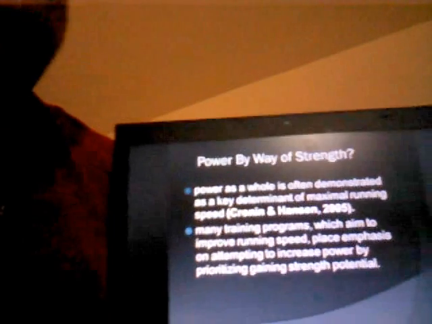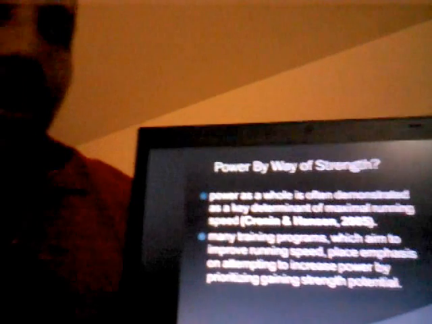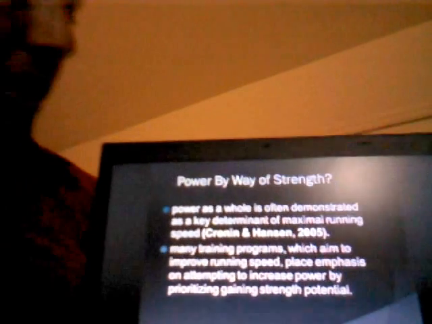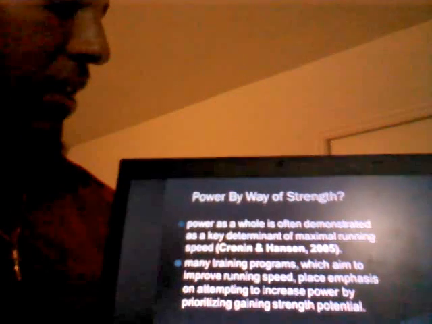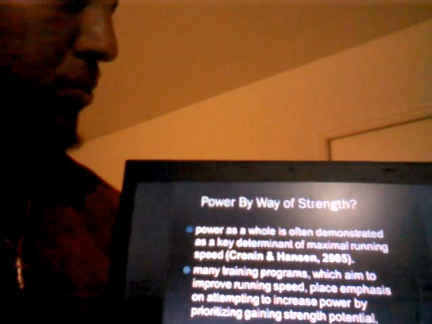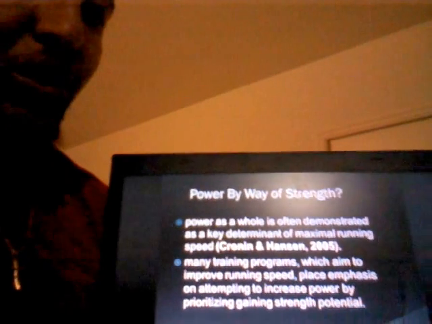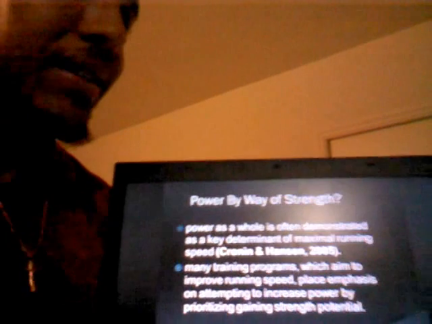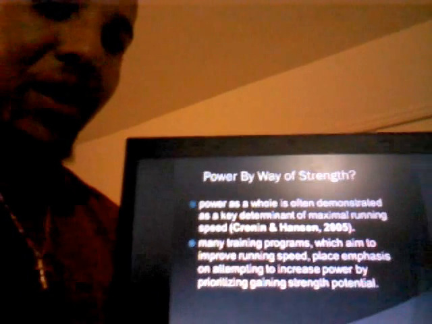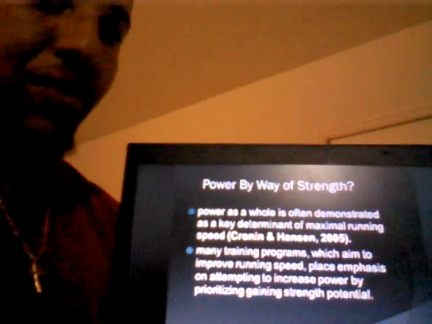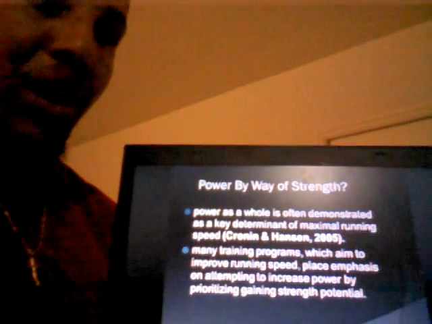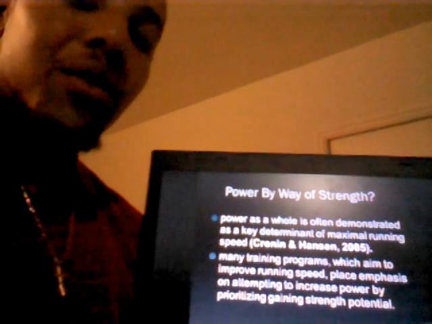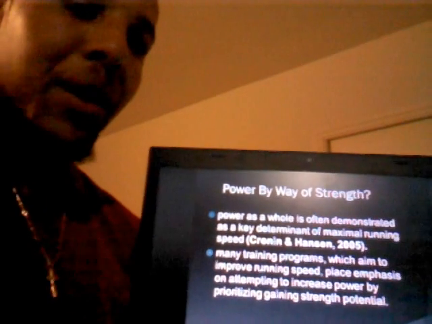Now, traditionally, in the strength and conditioning world and training approaches, coaches tend to prioritize strength over velocity, and I think this happens inadvertently because you'll have coaches who design programs with the intention of focusing primarily on power.